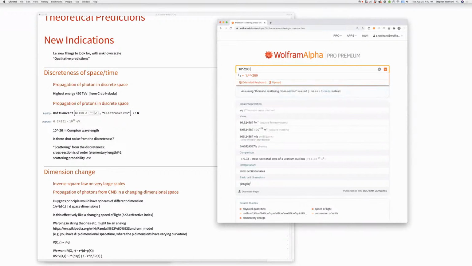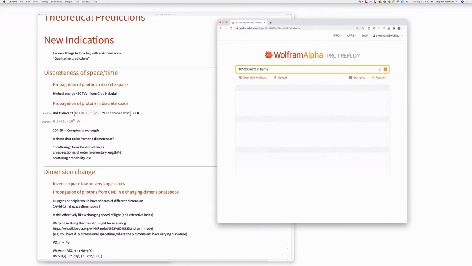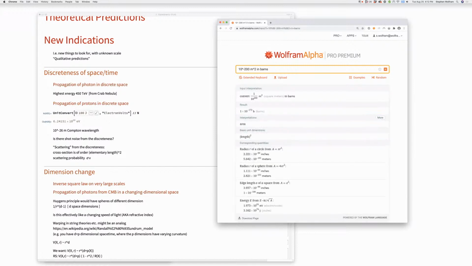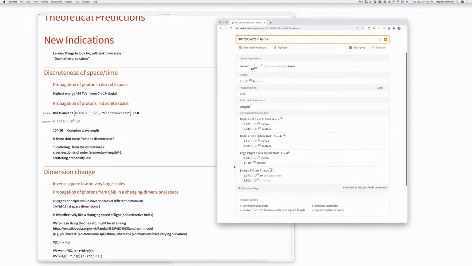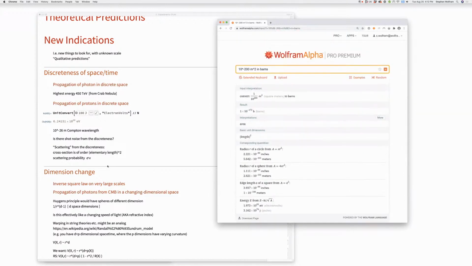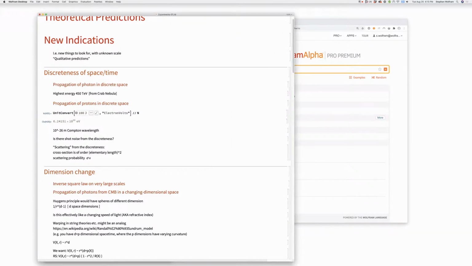So it's 10 to the minus 200 meters squared, in barns. It's an absurdly small number. It's 10 to the minus 172 barns.